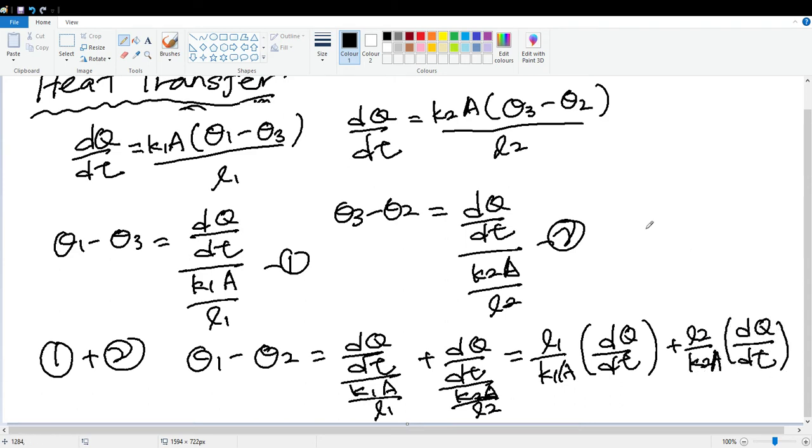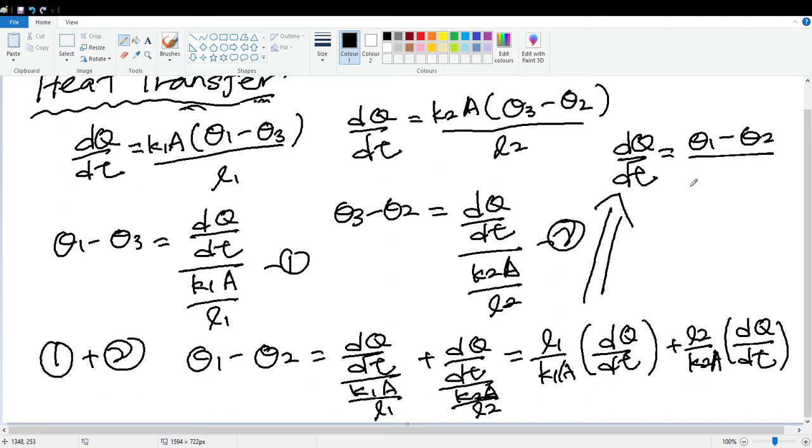So let me write it here. Finally, my dq over dt is equal to theta 1 minus theta 2 divided by L1 over K1A plus L2 over K2A.